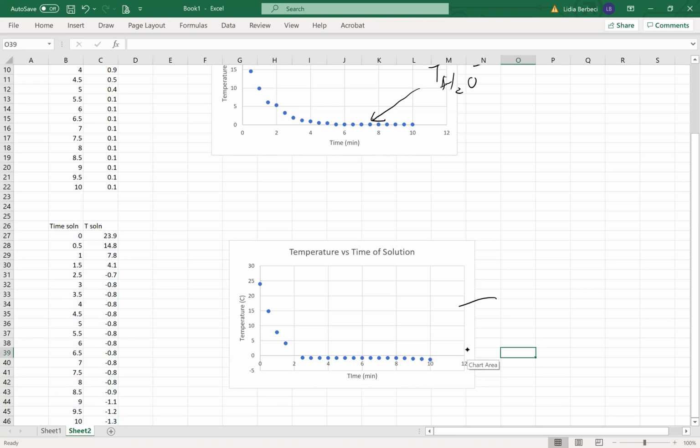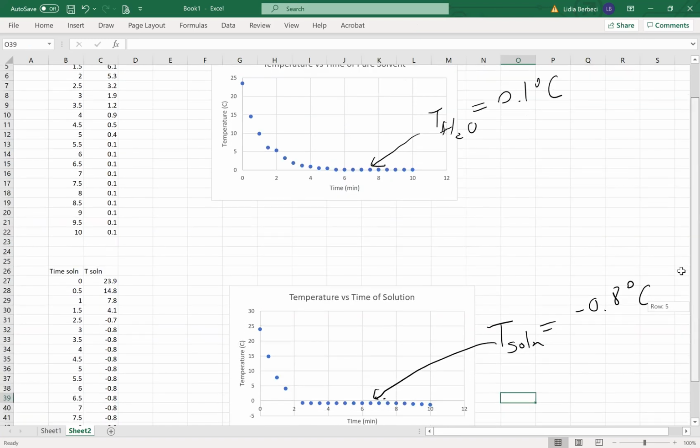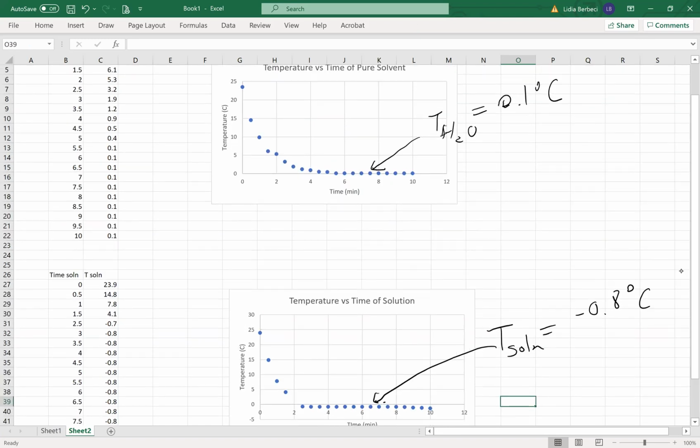So from the graph, the constant freezing temperature for the solution is negative 0.8 degrees Celsius. You could also see this from the data, but the graph shows it much better.